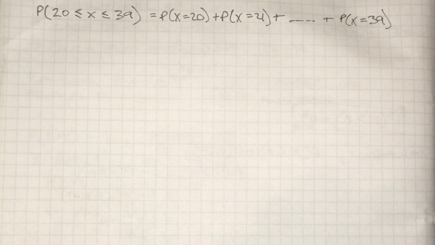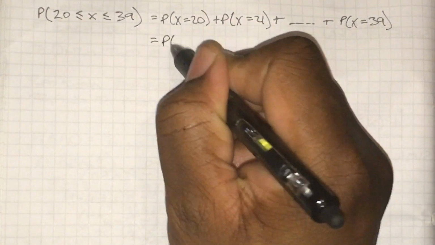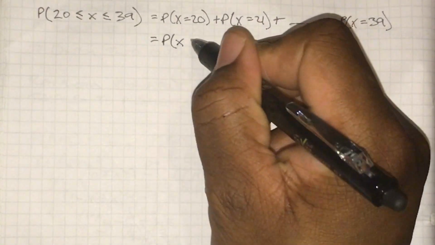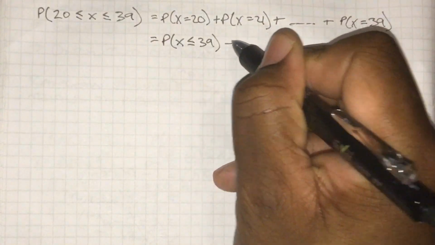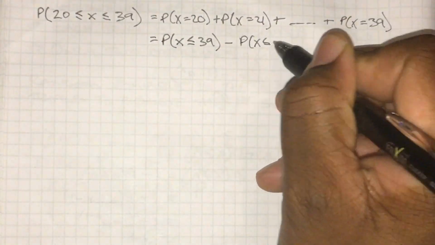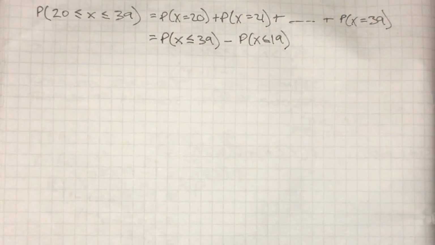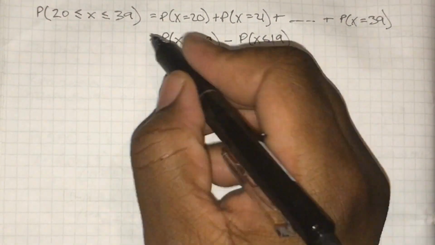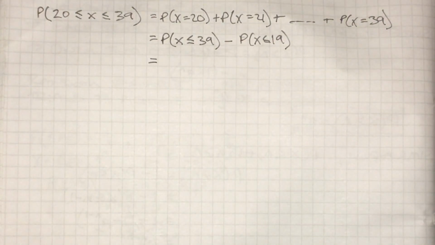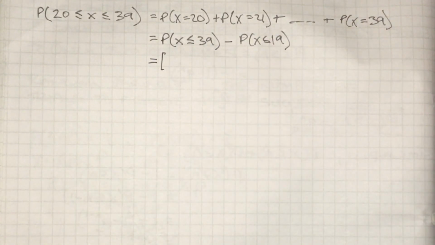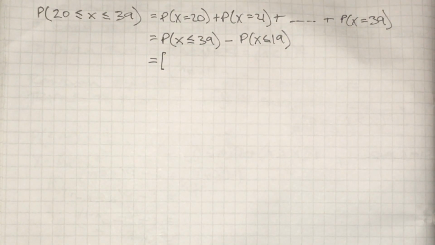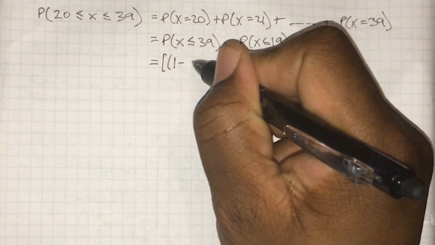So the probability that x is less than or equal to 39, and from that we can subtract the probability that x is less than or equal to 19 to ensure that we leave 20 as part of the final statement we're working with. Because I do want 20 to be included, I subtract less than or equal to 19.